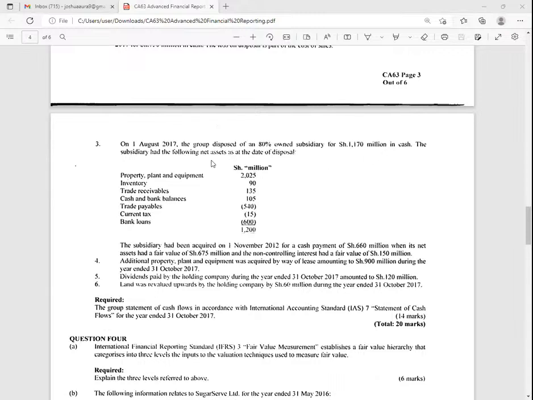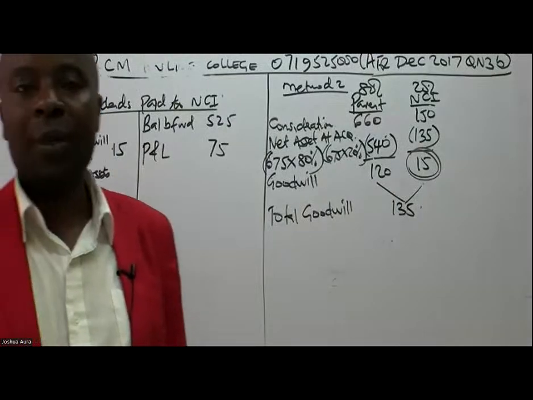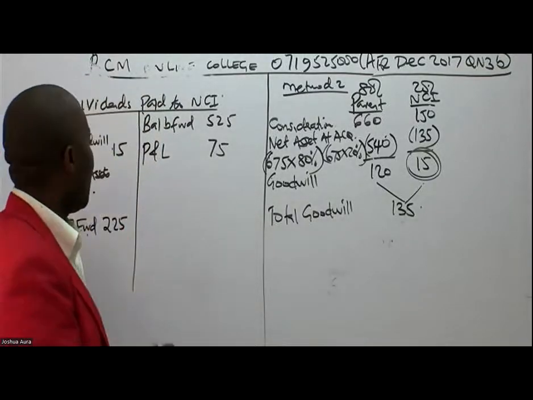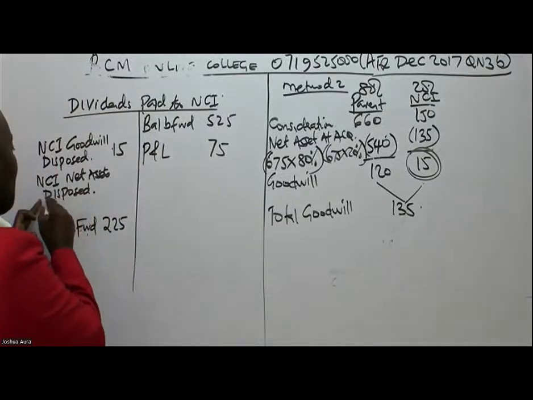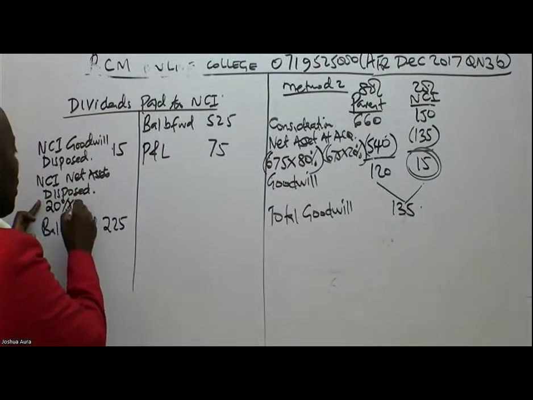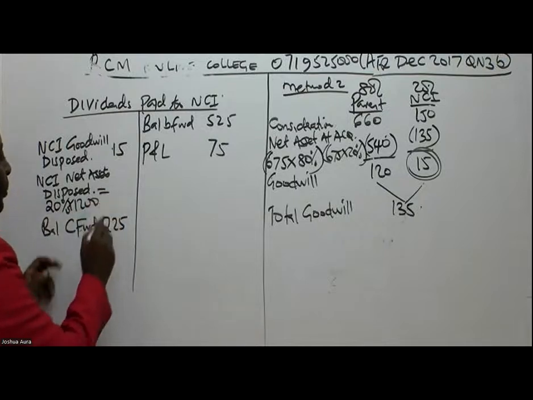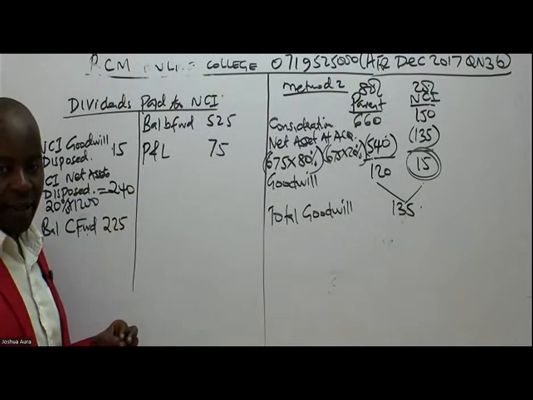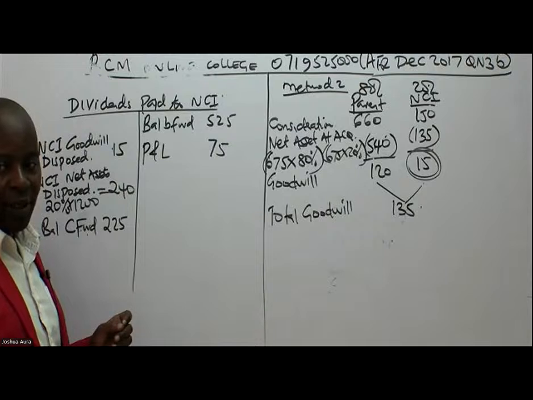The subsidiary had the following net assets as at the date of disposal: 1,200. Out of this 1,200, 20% belongs to NCI. At the date of disposal, they lost it. So NCI's net assets disposed will be 20% of 1,200, which must be 240.